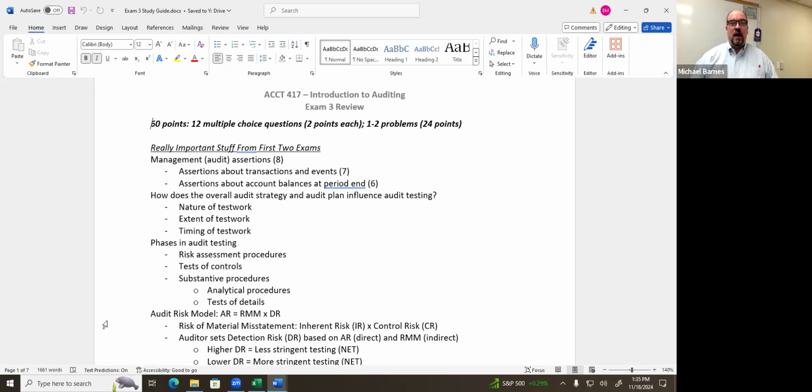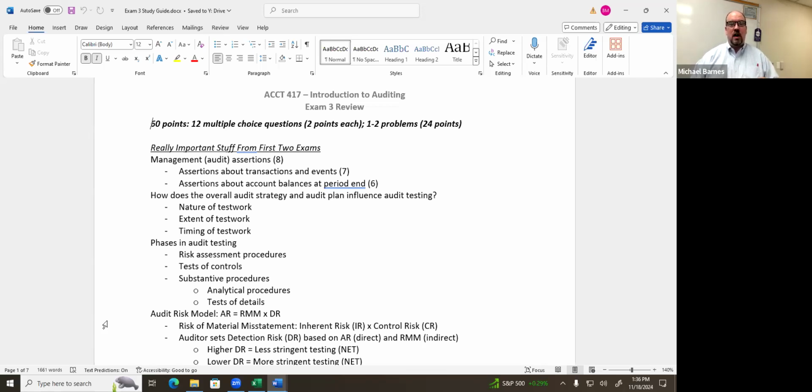Also, remember we talked a lot in this course about how we determine primary assertions for certain scenarios. Okay. Different accounts. It usually depends on what the account type is. So if I say I want to know the primary assertion for an asset or a revenue account, what is that going to be usually? Yeah, existence or occurrence. Okay. If I say liabilities, equity or expenses, what is generally going to be our primary assertion?